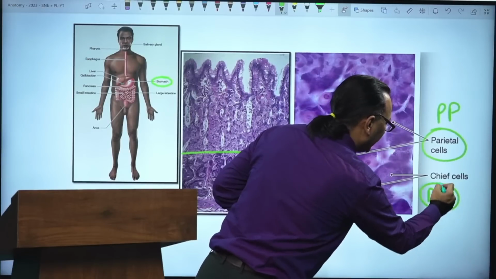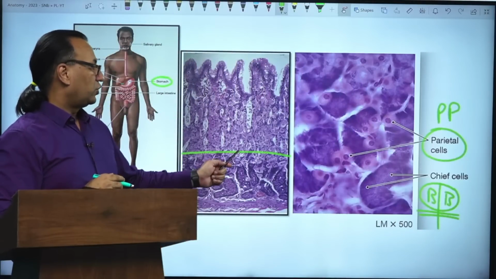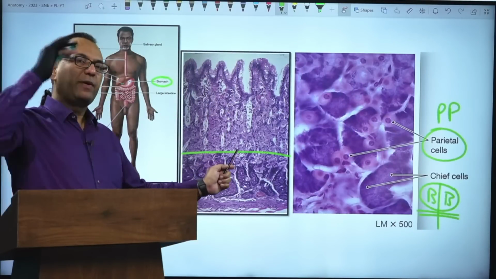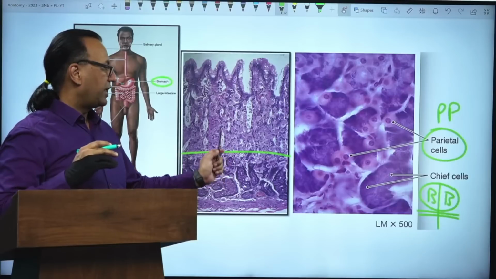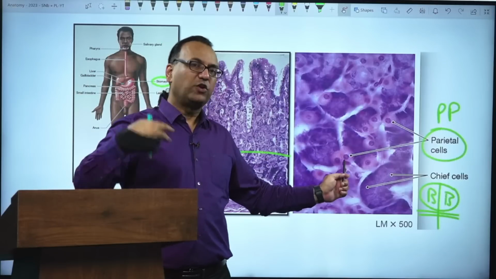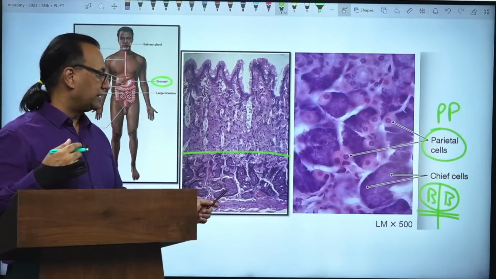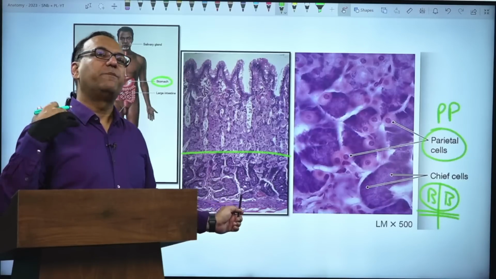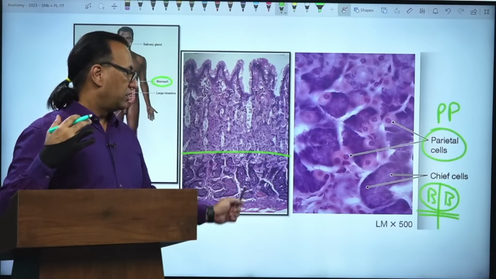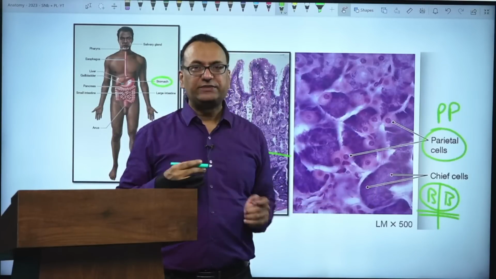Blue cell is towards the base and it is the chief cell. So these cells which are in the upper half of the gastric gland, they are pink cells, parietal cells. Pink because they take a lot of eosin, pink stain, and towards the base you have the blue cells. Blue because they take more of the basic stain or the hematoxylin, so they appear blue. They are called chief cells.